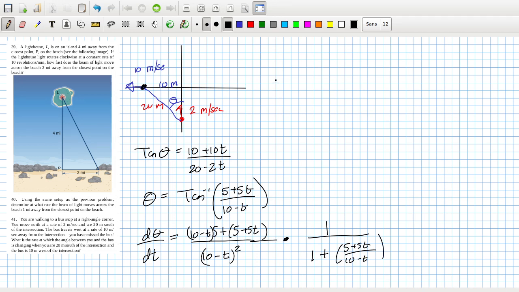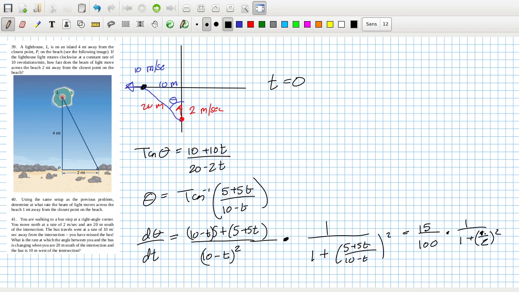But the way I've drawn the picture is that the angle we're interested in is when t is 0. So if you put in t is 0, that's 0, that's 5, that's 10 plus 5 is 15 over 100 times 1 over 1 plus 5 over 10 squared.